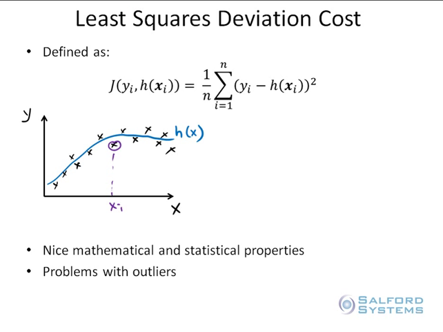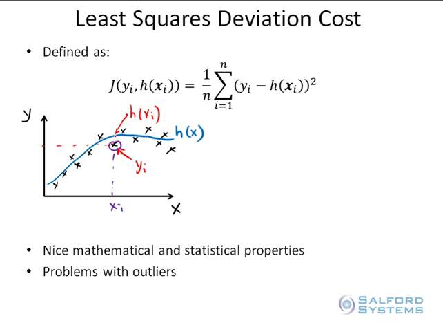But what is more interesting is that this value on the vertical axis is my observed y sub i, whereas this value here is my predicted response, h of x sub i.